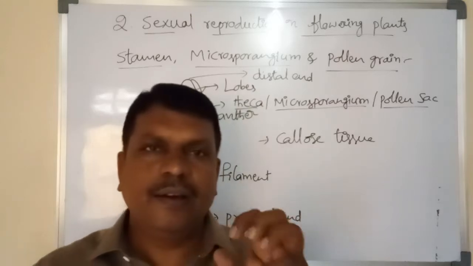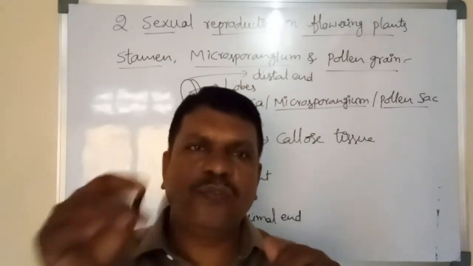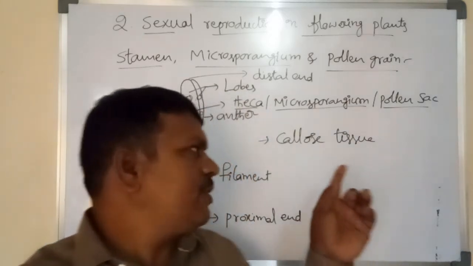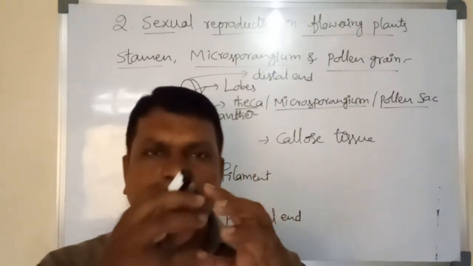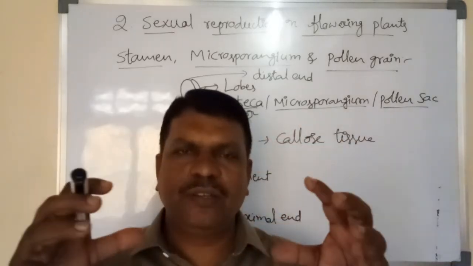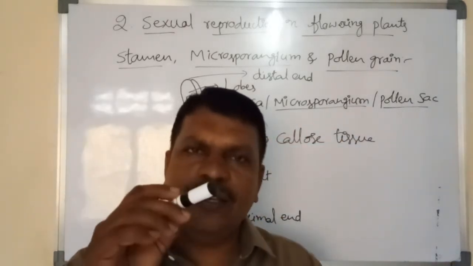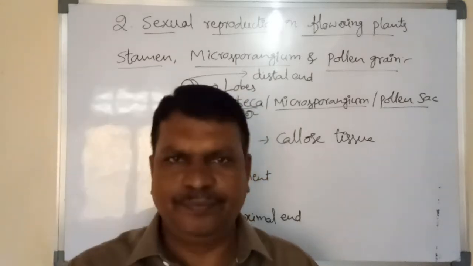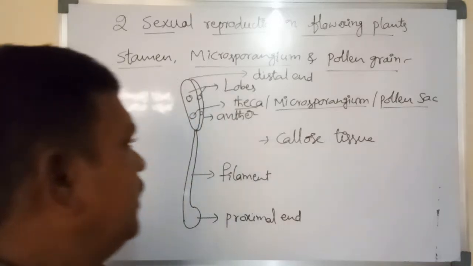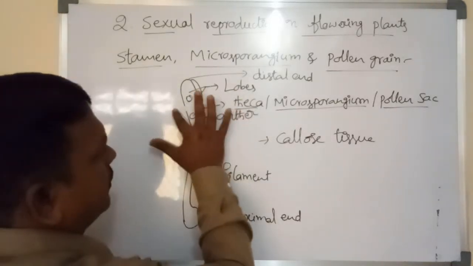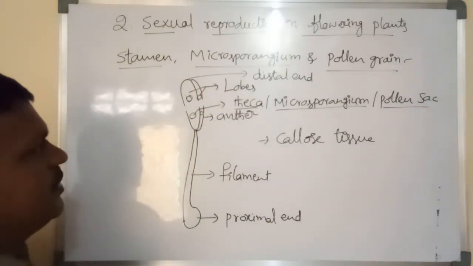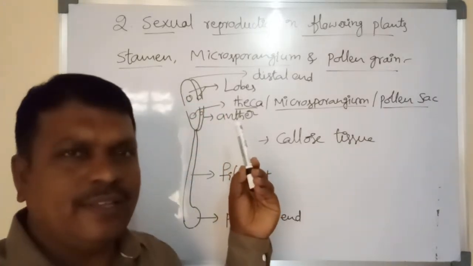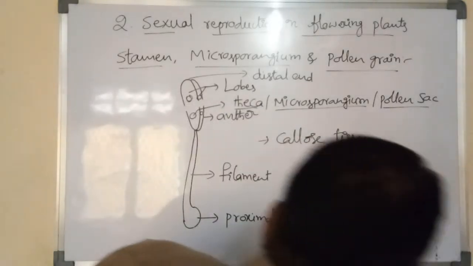Then during maturation, all 4 microspores detach from each other due to digestion of the callose tissue, and each microspore matures into an individual pollen grain. Understood? Okay. If you observe a transverse section of anther, you may identify what the internal tissues are.